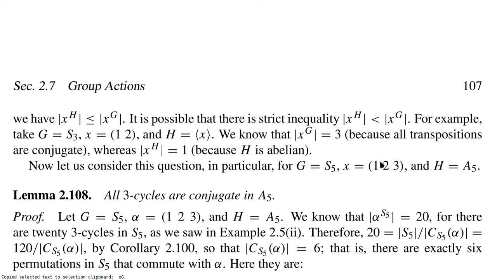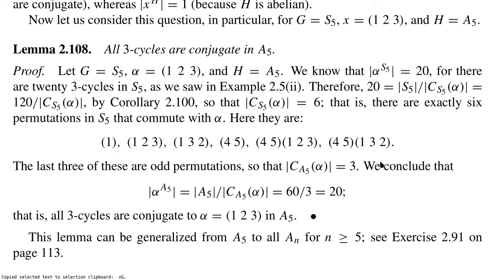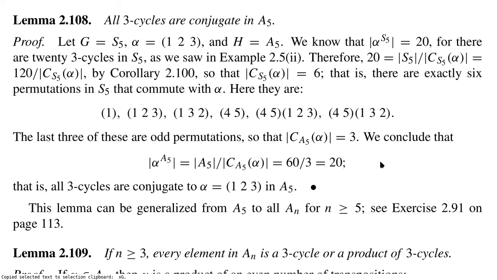So this lemma says that all 3-cycles are conjugate in A5. Okay, so you take G to be S5, and alpha is a 3-cycle (1 2 3), and H is the alternating group A5.